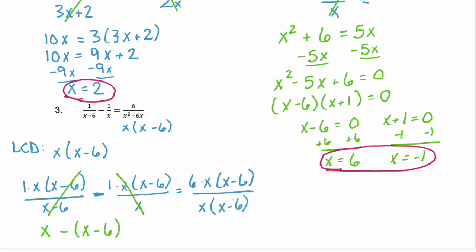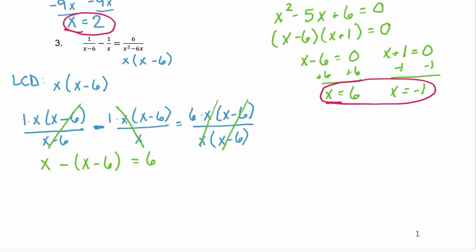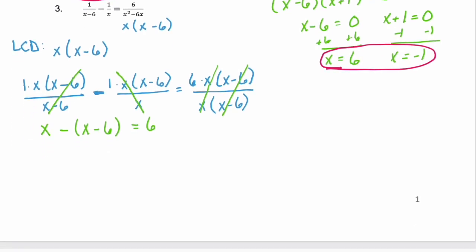And now we need to simplify the last one, x minus 6, and the x simplify, and we're left with 6. Okay, now we need to distribute this minus sign through. We have x minus x plus 6 equals 6.